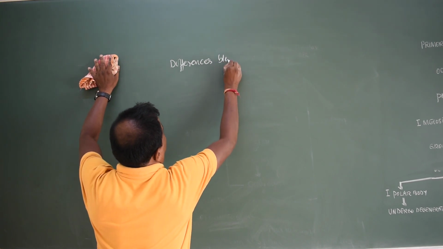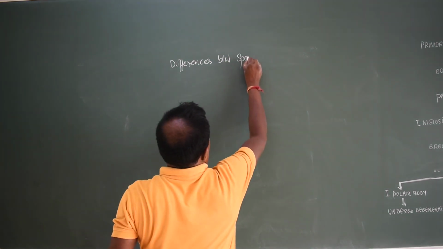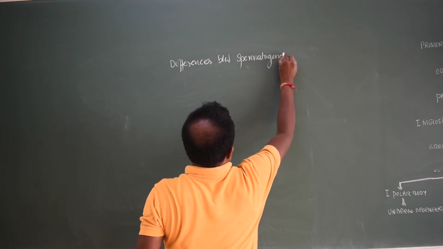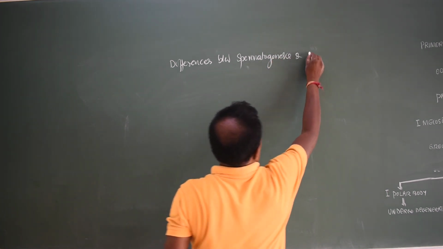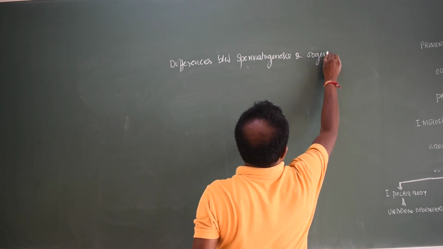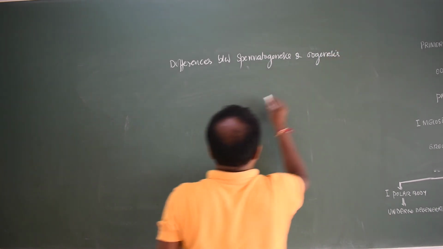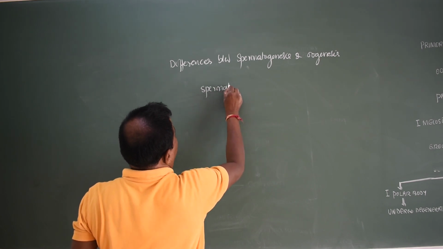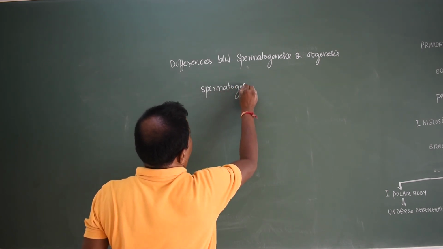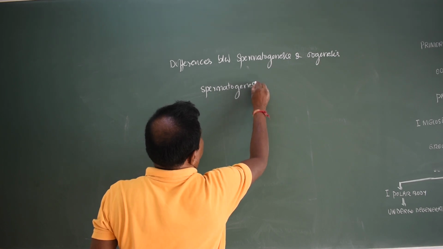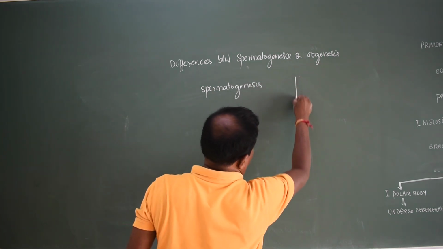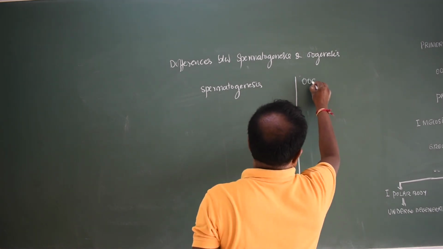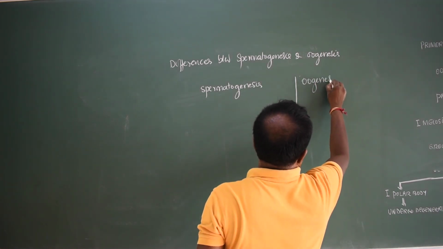Okay, differences between spermatogenesis and oogenesis. The first column is spermatogenesis and the second column is oogenesis.